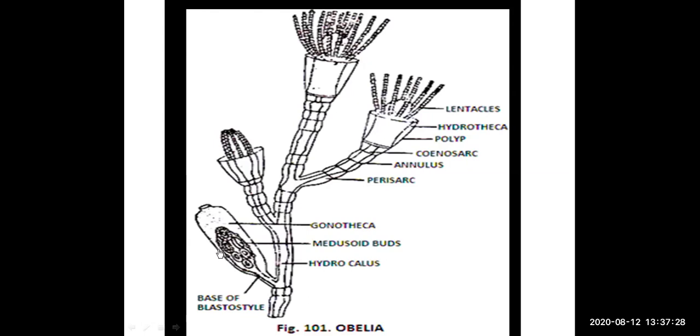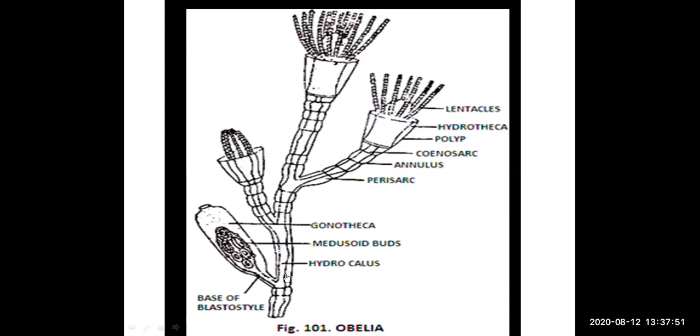So the Obelia colony is a branched colony. Obelia has two types of branches, horizontal and vertical. The horizontal branch, which is parallel to the substratum, is called the hydrorhiza. Hydrotheca, hydrocaulus. It is like a hydra.